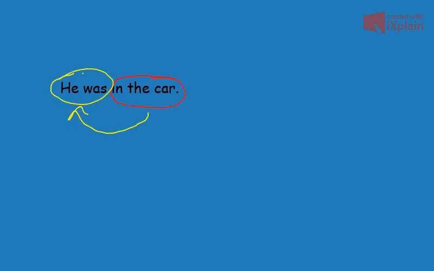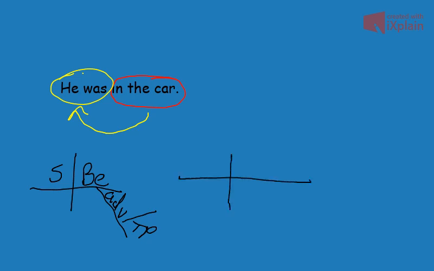Now let's look at this example. He was in the car. In the car is a prepositional phrase that is explaining where he was. So the entire prepositional phrase is describing where. Therefore, it's the adverb time or place.